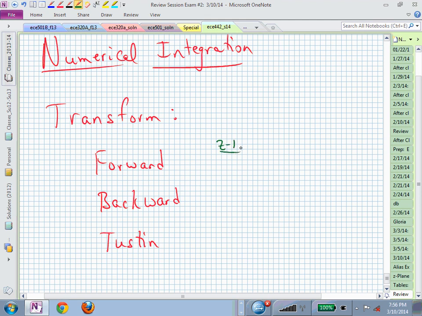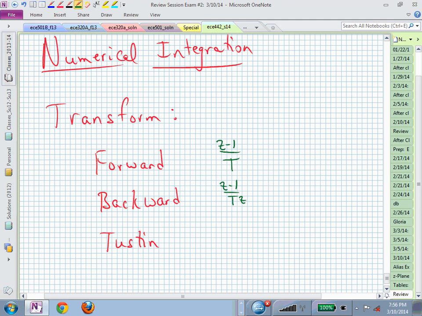The forward, again, this is sort of, s is like differentiating. Well, in discrete time, what do you do to differentiate? You compare a forward and a backward time-indexed quantity and divide by the sample period. So the forward is just z minus 1 over T. The backward is about the same, except now you're looking back, and that means that you really have this z in the denominator. So you have a z minus 1 in the numerator, a T in the denominator, and a z downstairs.